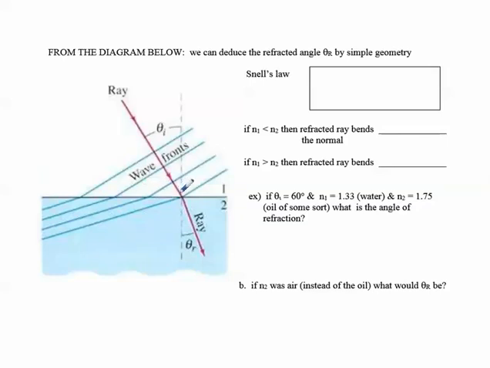The key thing to understand from geometry is that if this is theta I right here, then this angle right there is also theta I. Now when we have the refracted ray, we have a theta r, and in that medium we have another wavelength.